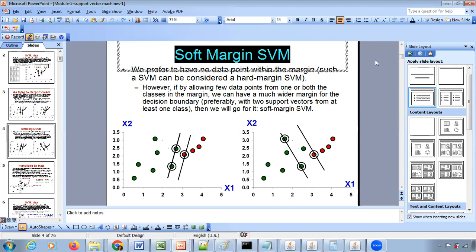And we can find both. Basically, you're going to run some math and find some equations that characterize this decision boundary. So we can go with both and find the equations that characterize the soft margin and hard margin decision boundary for the same data set. Then we run through a lot of test cases and try to find out which support vector machine is more accurate in classifying the test cases.